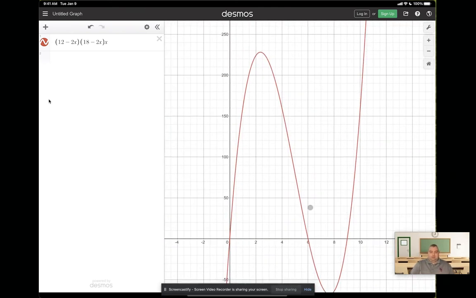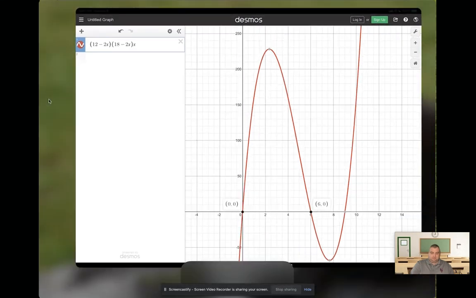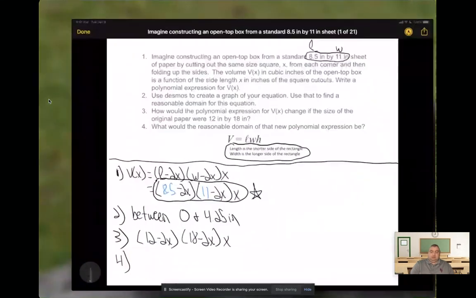If I were to look for, again, two x-intercepts where the graph is positive between them, that's going to be this one right here and this one right here. The graph is clearly entirely positive between those two x-intercepts. So we would say that the reasonable domain is between 0 and 6 inches.